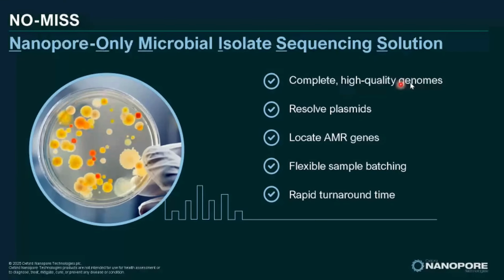We can resolve the plasmid, meaning we have the entire chromosome as well as a separate entire plasmid, so we can locate the AMR, antimicrobial resistance genes, and see whether they reside in the chromosome or are a mobile element in the plasmid.